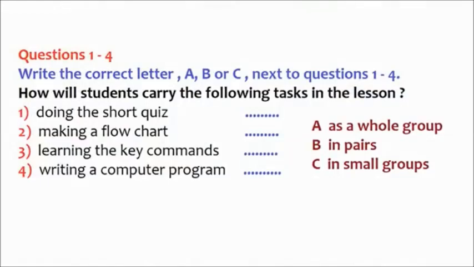The test is in 4 parts: Part 1, Part 2, Part 3, and Part 4. Now look at Part 1. Part 1. You'll hear two university students planning a computer programming lesson.